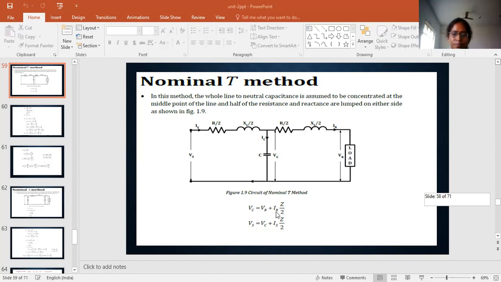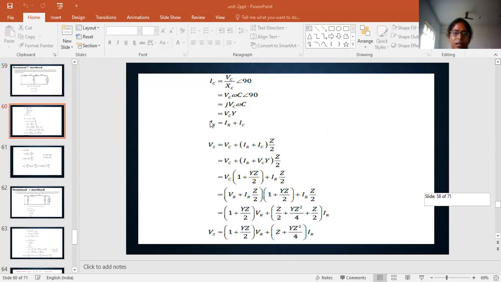Next, for calculating, IC equal to VC by XC. That can also be rewritten as VC into Y. Y equal to j omega C, which is nothing but 1 by X, so we can substitute that Y value here. Why?